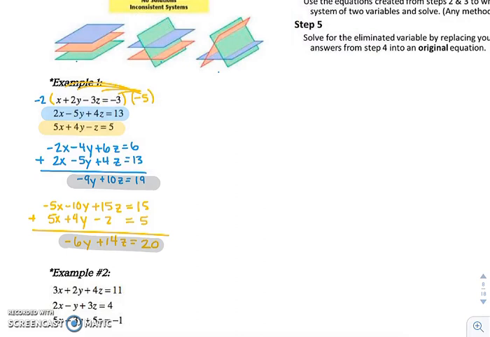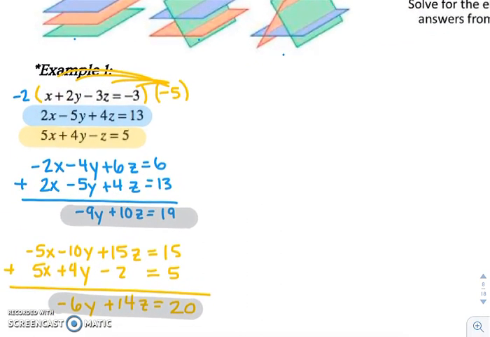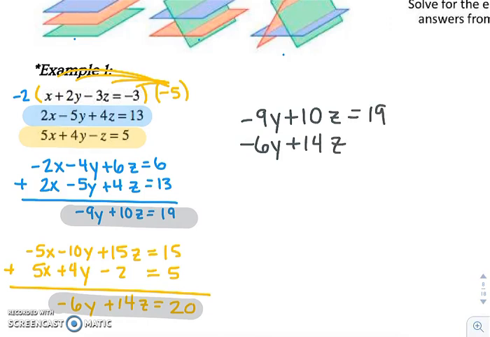So I'm going to rewrite those right next to each other. So negative 9y plus 10z. This is the part you guys know how to do. Negative 6y plus 14z. I forgot to put my top one equals. Top one equals 19. Bottom one equals 20.